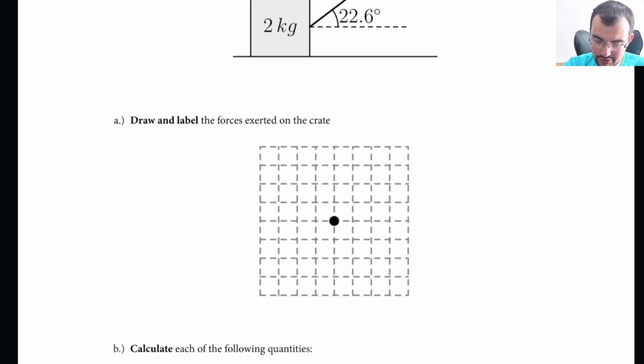We got to draw the forces. All right, well, of course, the crate is on Earth, so it has a weight mg. Then we will pull it with a tension force.